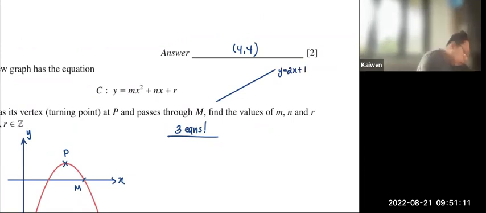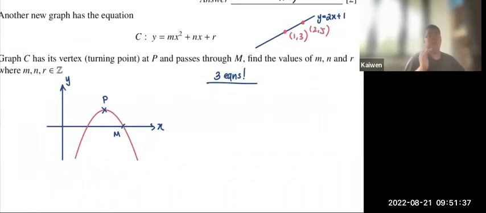Any point along this line, let's say, for example, (1, 3), must obey the line. When you substitute x equals 1, y will be equal to 3. It's the same thing for any other coordinates, let's say, for example, (2, 5). If you substitute x equals 2, you should get y equals 5. It's the same logic here.